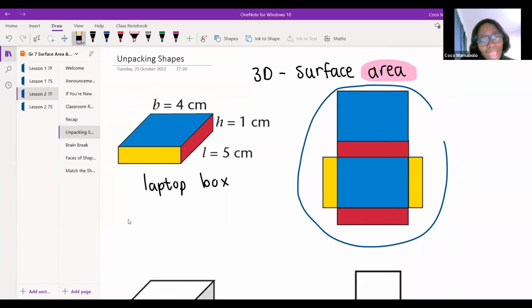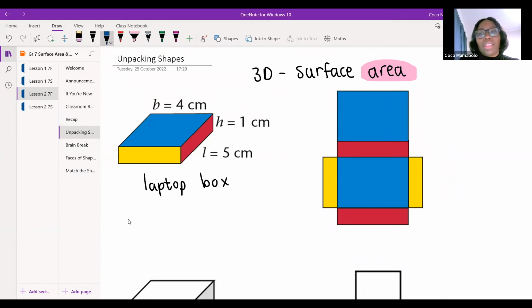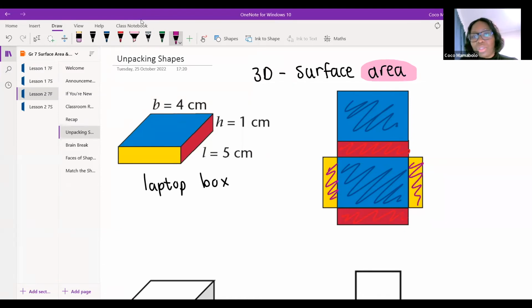And when I unpack it, I can see that this side over here is the same as this side over here, and these 2 sides are the same, and these 2 sides are the same. So how many areas are we going to calculate, guys?